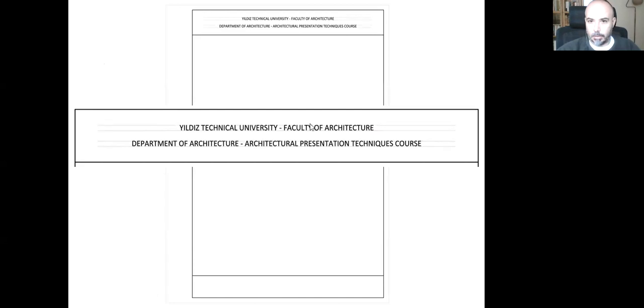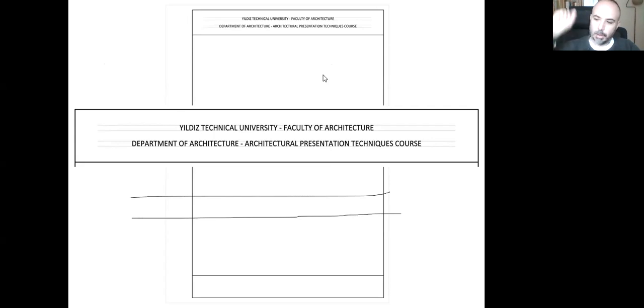I can show you it like this. You have this very thin and gray line, the first line, and the second one. These are your guiding lines so that you can fix your letters between these borders. And when you take your pencil, you are just moving your hand freely.